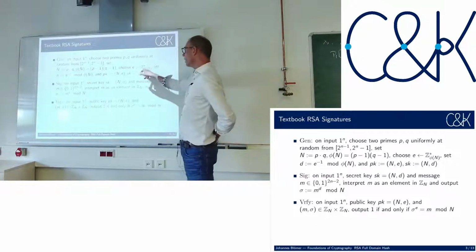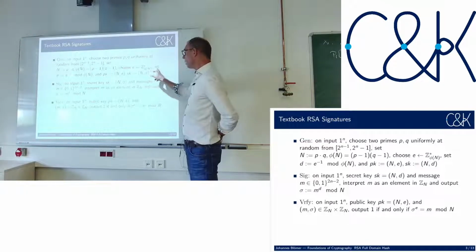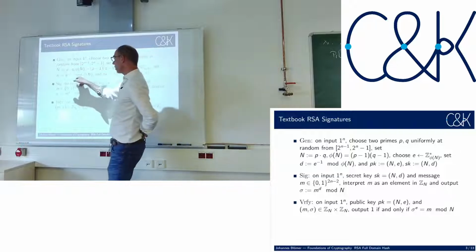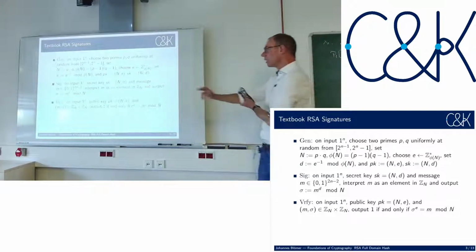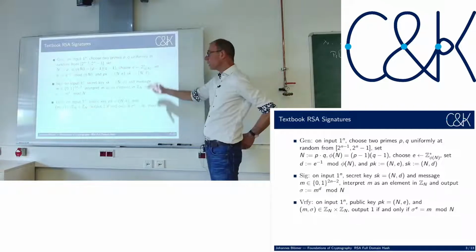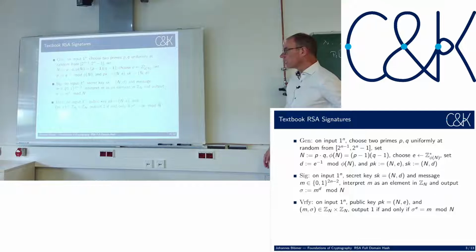It chooses an e from Z phi of N star, phi of N, not N, and sets d to be the multiplicative inverse of e modulo phi of N. As we just saw, this exists. And then the public key is set to be (N, e), and the secret key is set to (N, d).